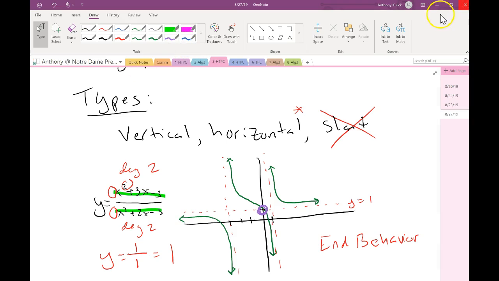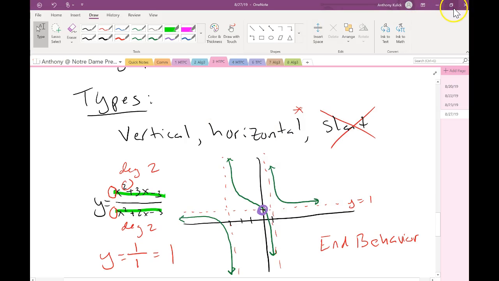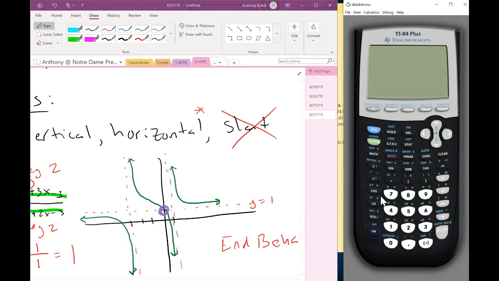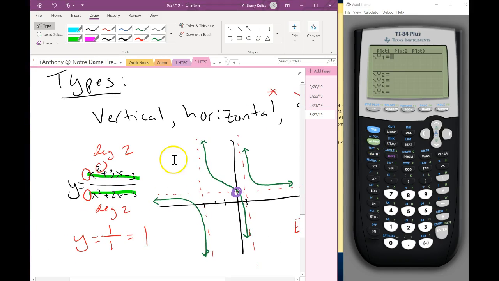Now, do you need to have those rules memorized? No. Yeah, we can kind of determine this also with our calculator. So let's do that and just kind of show you how that looks. So I'm going to type in this equation into my calculator. I'm going to type it in as a fraction because I typically think that's easier to do.